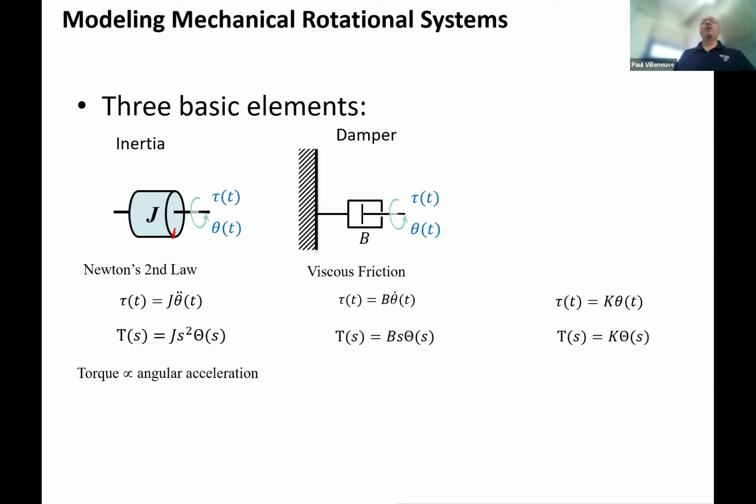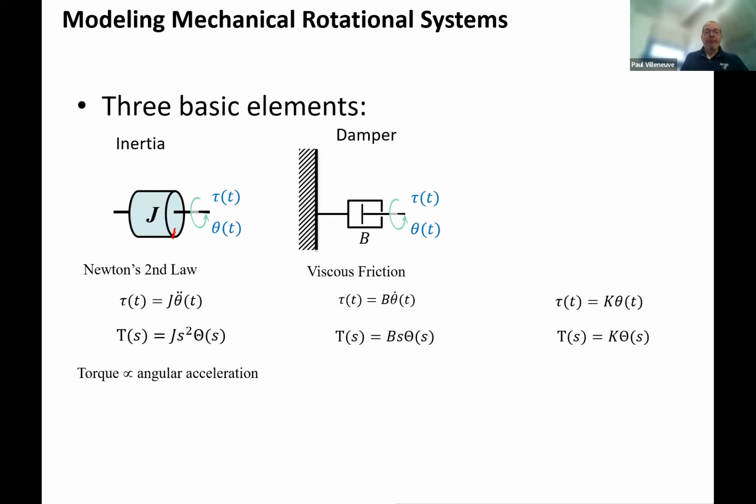So again, we're trying to do something similar to what we did for linear systems. We're trying to do a force balance, so we have to calculate the amount of torque that is required to get that damper moving. And if the fluid is rotating along, the only time you're going to need more torque is when you're trying to rotate that internal damper faster than the fluid is rotating.